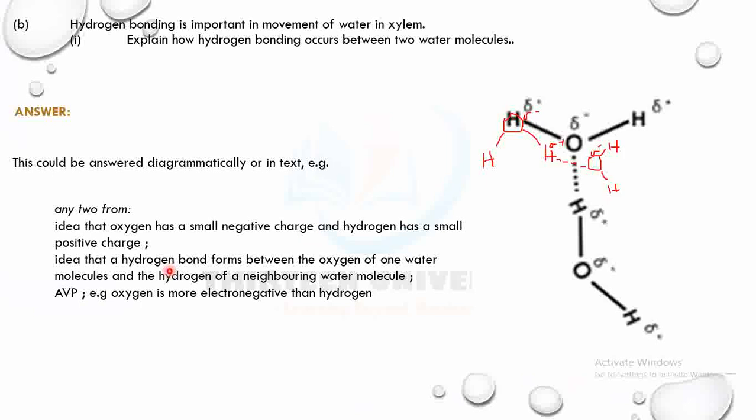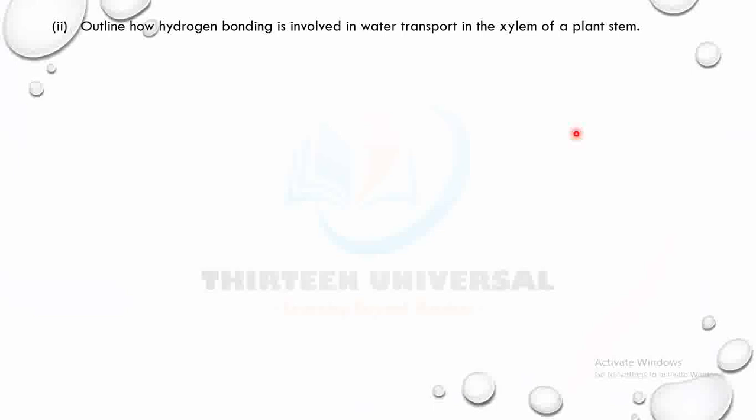So the idea is that oxygen has a small negative charge and hydrogen has a small positive charge. The hydrogen bond forms between the oxygen of one water molecule and the hydrogen of a neighboring water molecule. That's how it's formed. Oxygen is more electronegative than hydrogen, that's why it's more negatively charged. Is that okay?